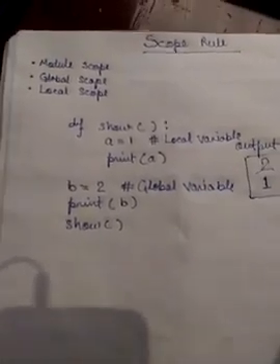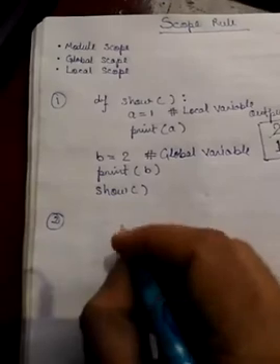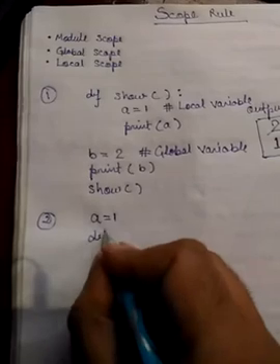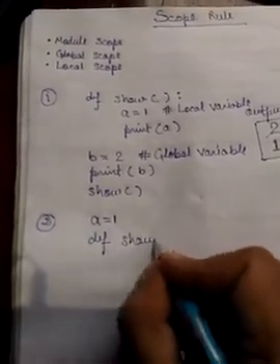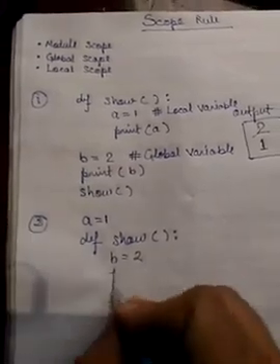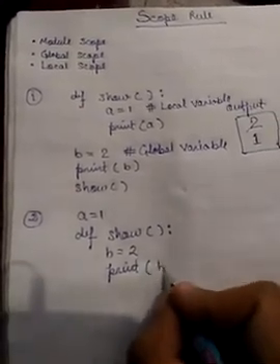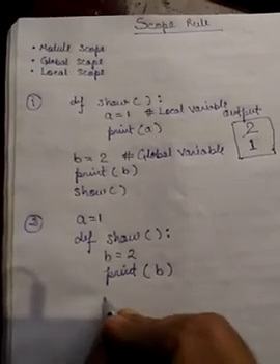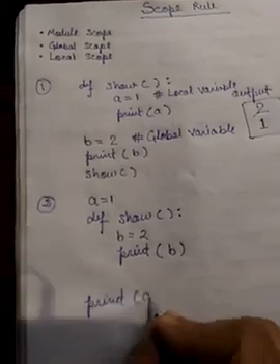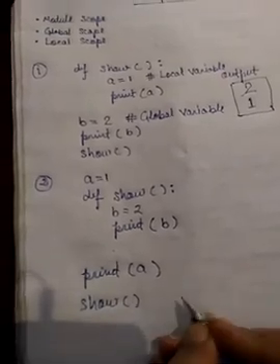You can declare another example. A equal to 1, def show, b equal to 2, print b, print A, show.